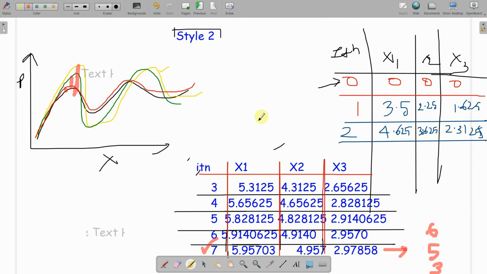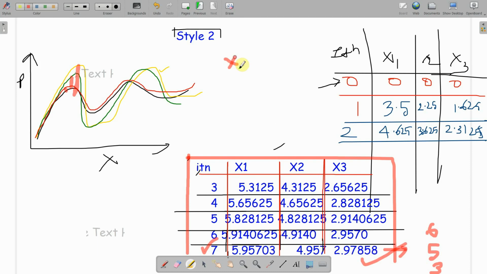Then it will converge. But for the sake of simplicity and for today's class, for your numerical problem with your own hand, this will be your final result.